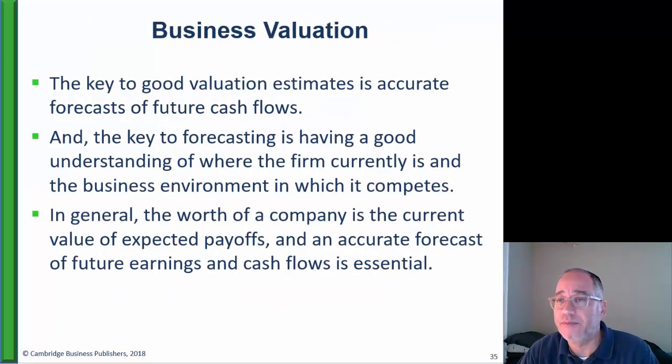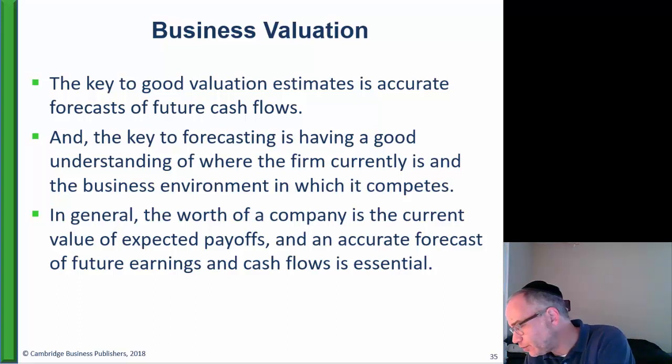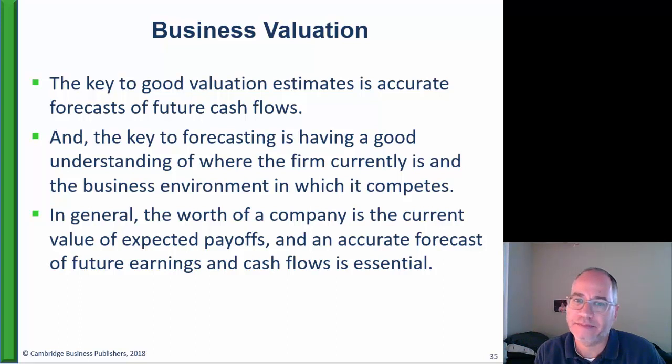Step 4 is going to be business valuation. And you've got to know where the company is, and you have to have good forecasts from step 3 in order to do this. The mechanics of doing it are actually very simple. But the value of a company is going to be the current value of all the future profits that the company is going to make. That's the real value of the company.